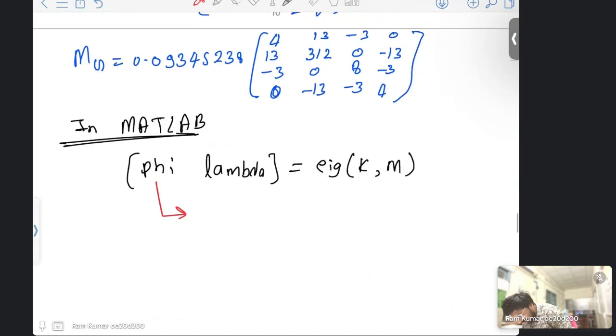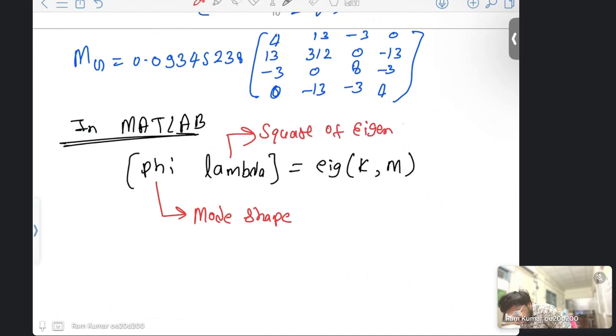Phi will be our mode shape, and lambda will be the square of the eigenvalue.